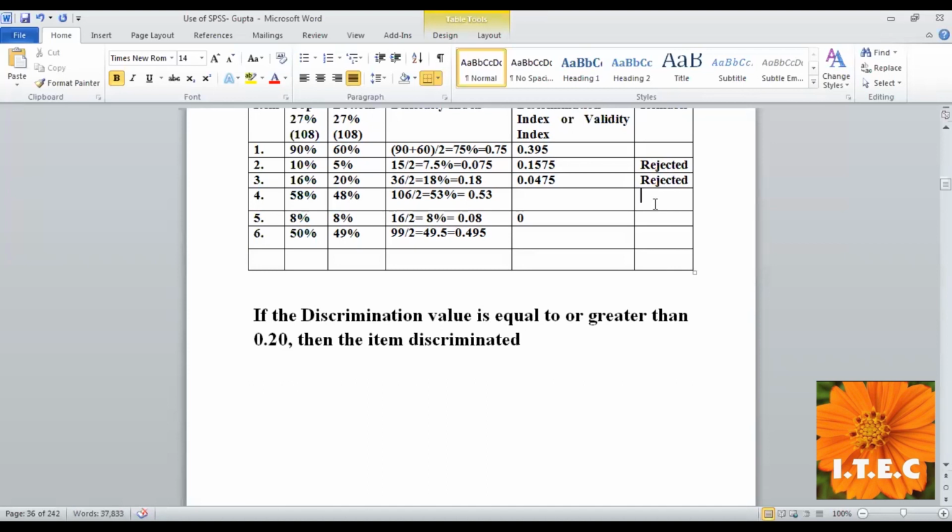Now this discriminates, so it is accepted. So like this, now this is 0, so it is rejected. So this is how you can reject and you can select. So we can say selected.